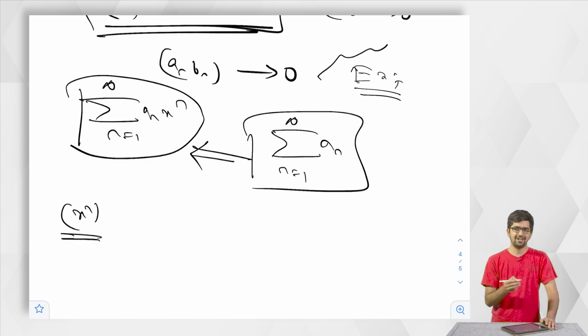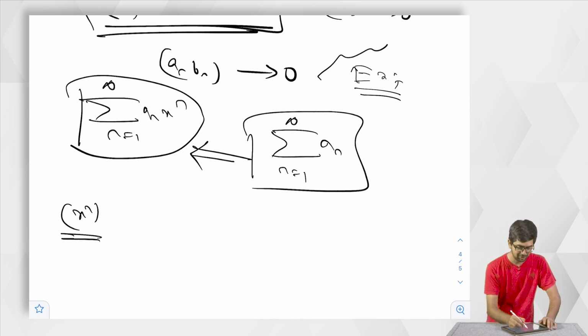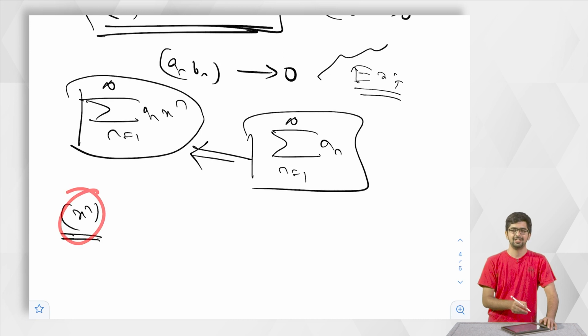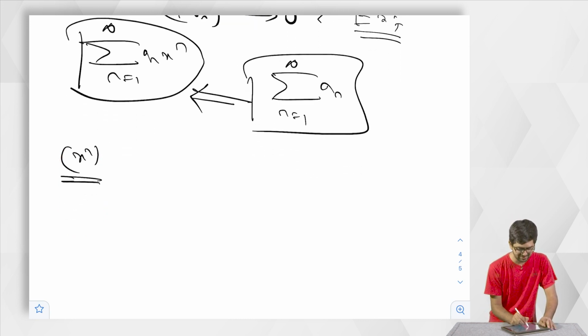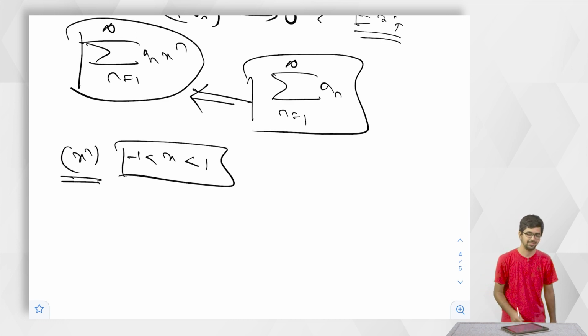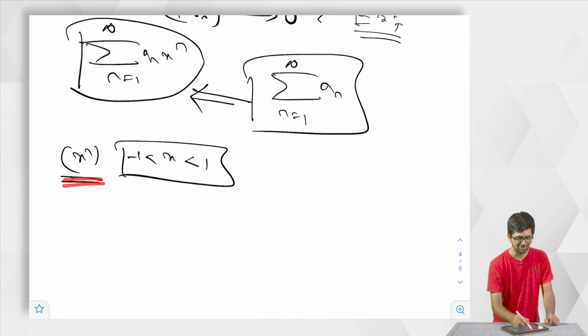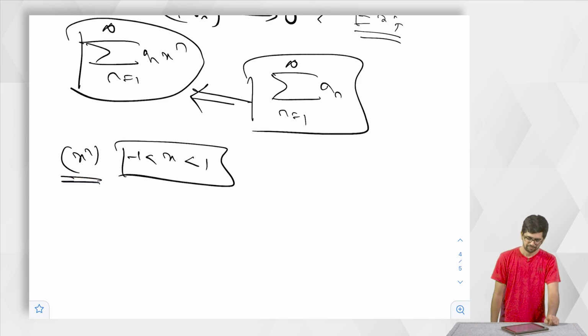Now, do we have examples of sequences of the form x power n that are bounded? One example we know is whenever minus 1 less than x less than 1. This is one place where I know for sure that x power n is bounded, it is bounded by 1.